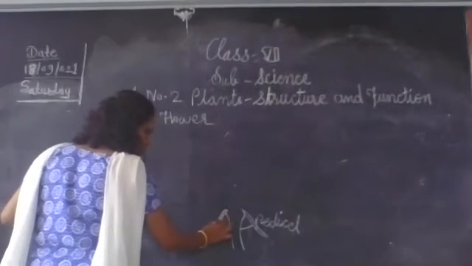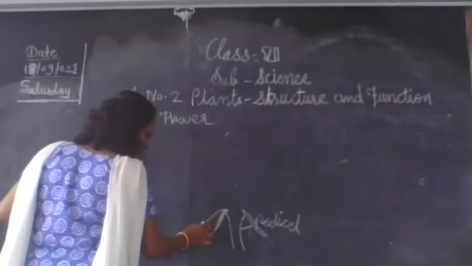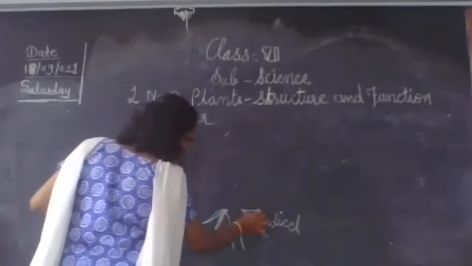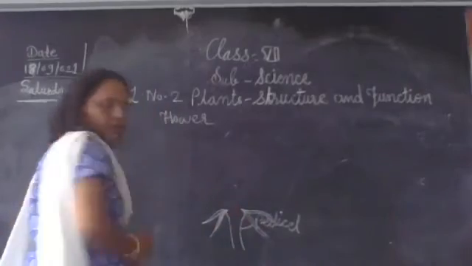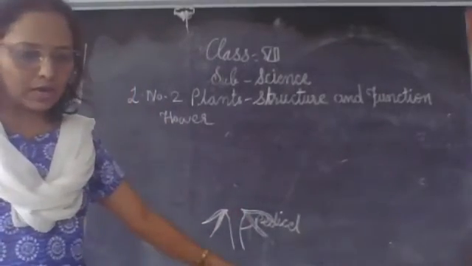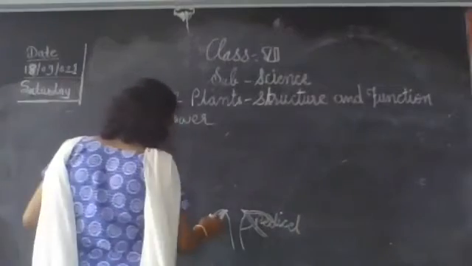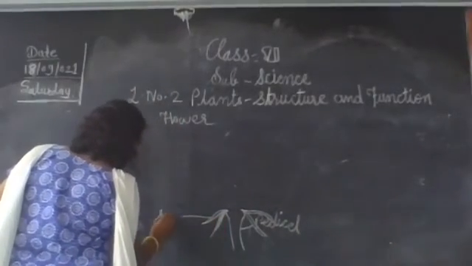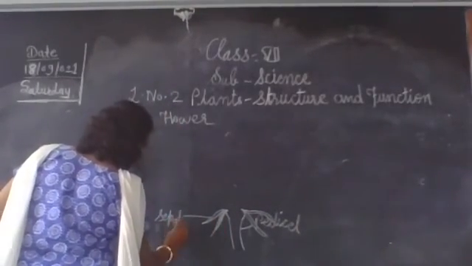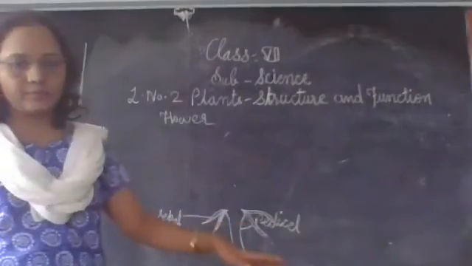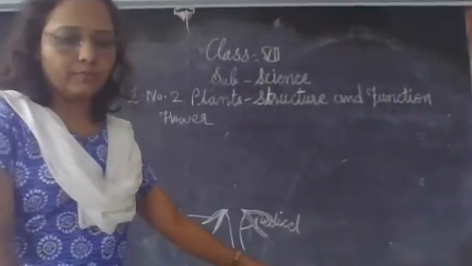The green colored portion, usually 4 or 5 in number, is called the sepal. This is the sepal, the green colored portion.